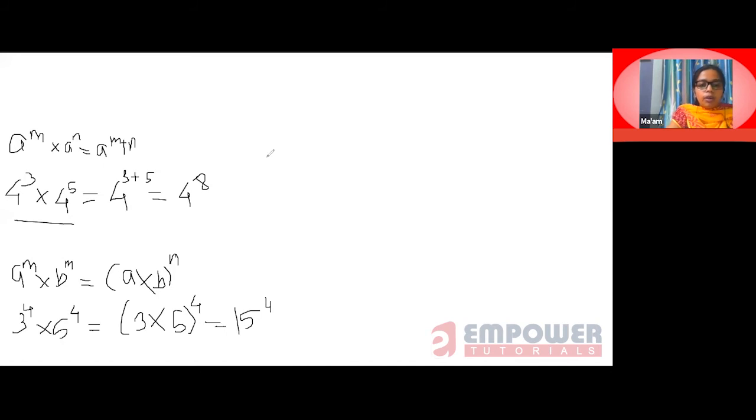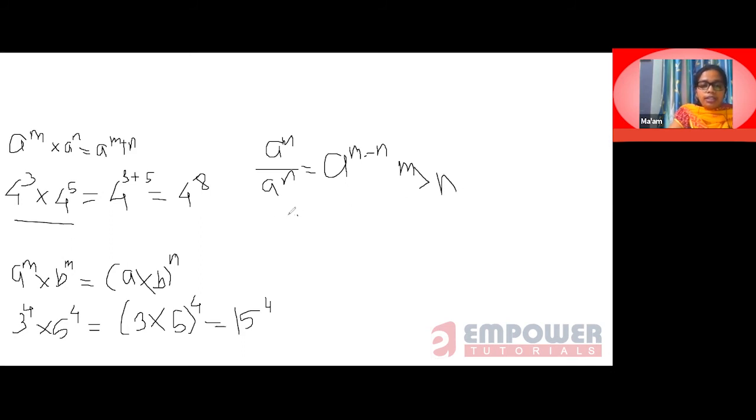Okay. Now, when you have a raised to m upon a raised to n, then in this case it is a raised to m minus n, provided that m is greater than n.